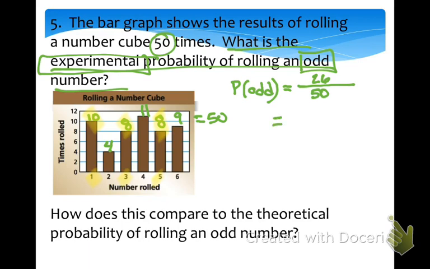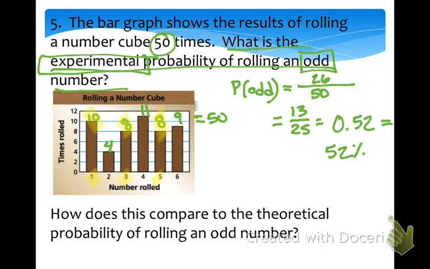So 26 over 50 simplified is now 13 over 25. Now I type that as a decimal, and that gives me 0.52 or 52%. Notice again, I am writing everything as a fraction simplified, a decimal, and the percentage.